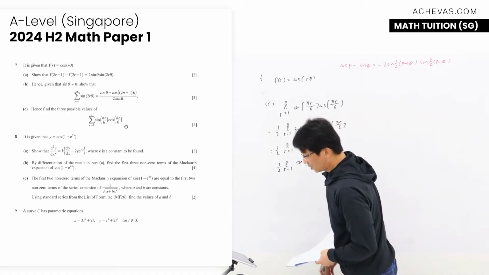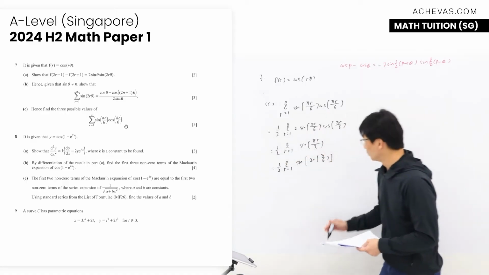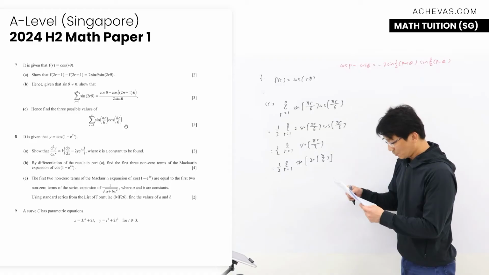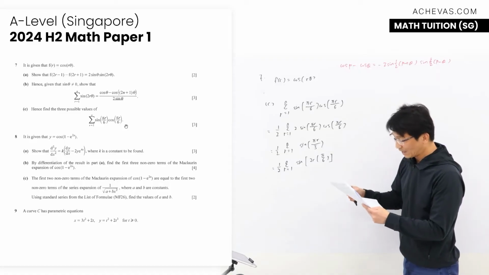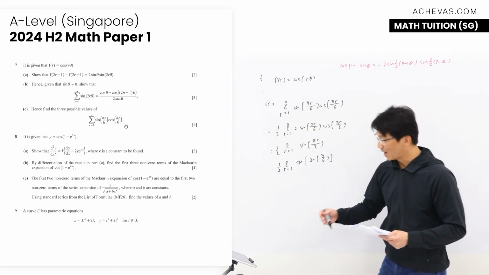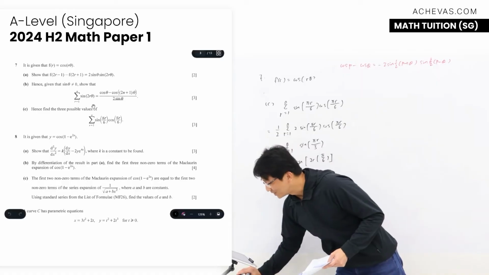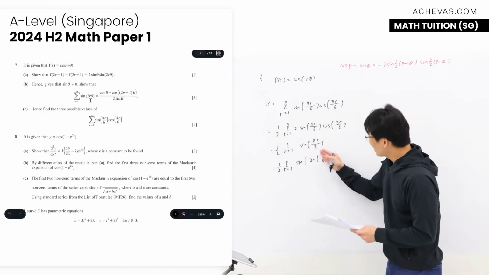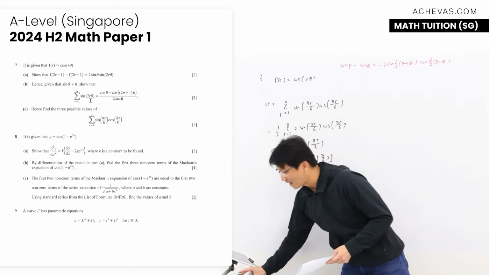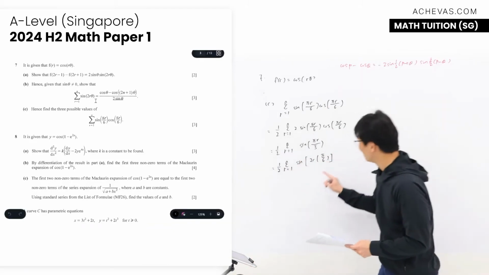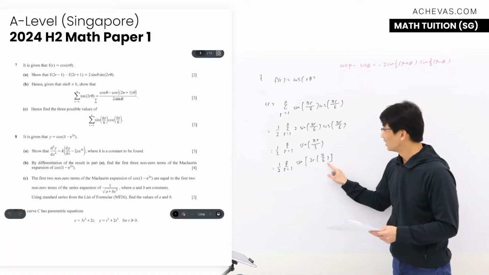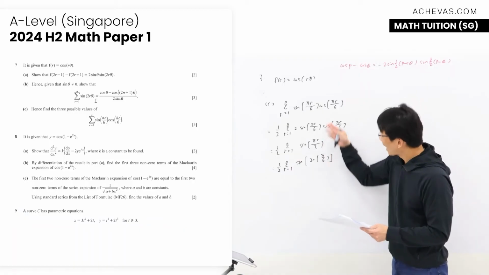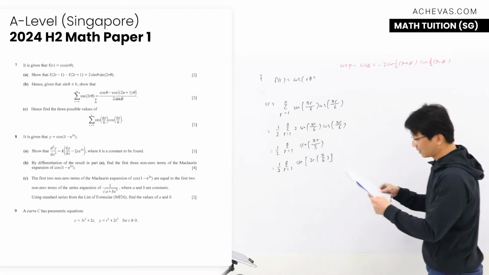There's a reason why I'm doing this: when I rewrite it this way, I can make use of my previous part answer, part B. You see, there's a sine 2r theta here. I rewrite it this way so I can recognize that theta will just be equal to pi over 6. That's the reason why I'm doing this step in the first place.